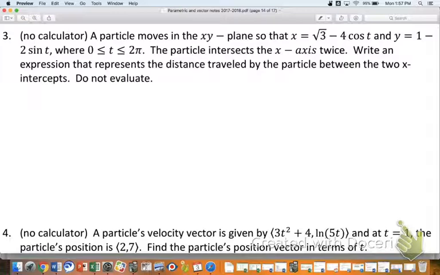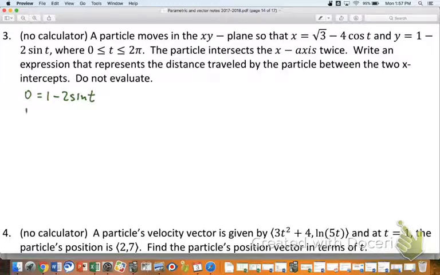It would probably be a good idea to figure out what's going on with those 2 x-intercepts. So when something, in this case a particle, hits the x-axis, what else is true? y equals 0. So I would set the y position equal to 0. So it'd be 0 equals 1 minus 2 sine of t. And this is where our old friend trigonometry would come into play.